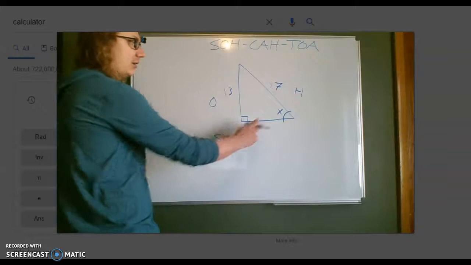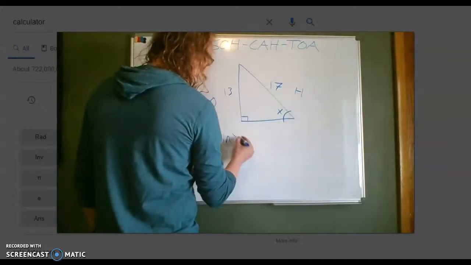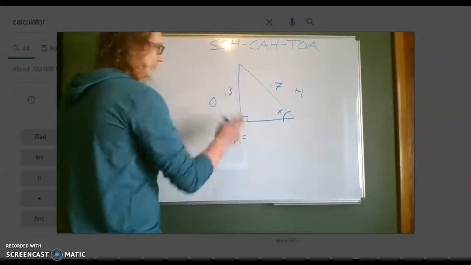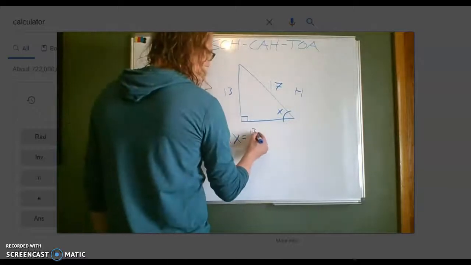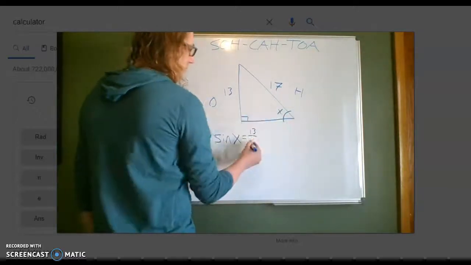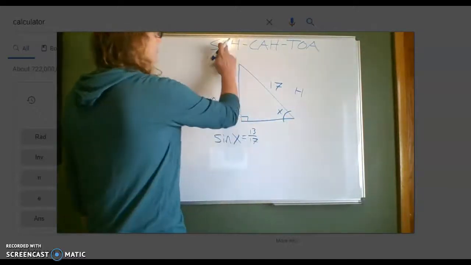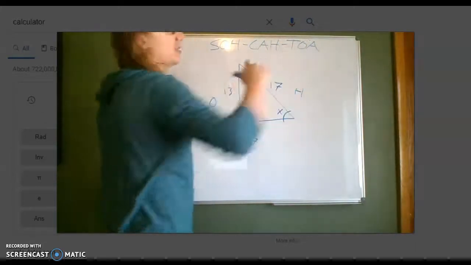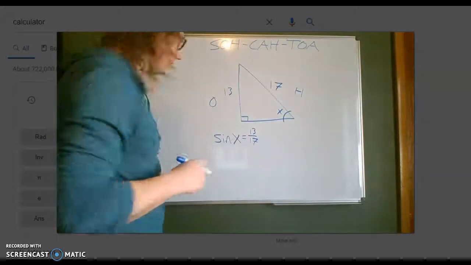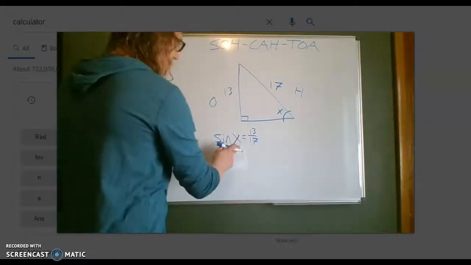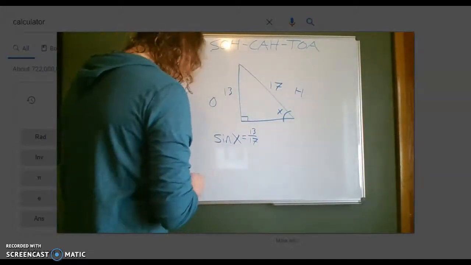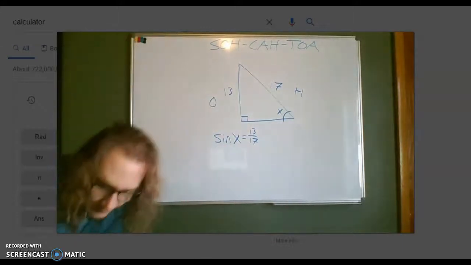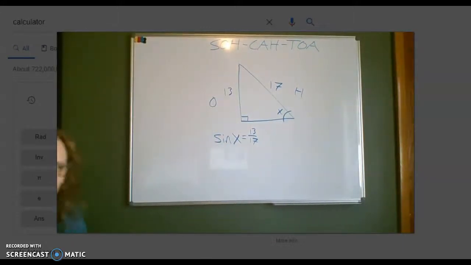It's sine of the angle, but we do not know the angle, so that will be sine of x equals my opposite, which is 13, over my hypotenuse, which is 17. Remember, opposite over hypotenuse, adjacent over hypotenuse, opposite over adjacent. The first one always goes on top. So the sine of x equals 13 over 17, which means we need arcsine.